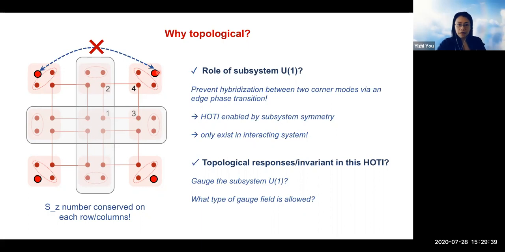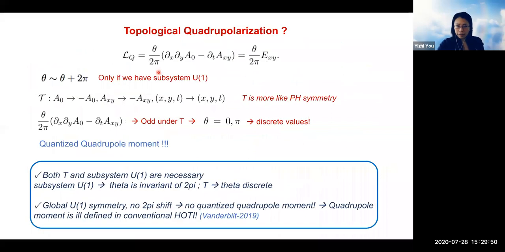You can prevent that from happening by imposing some additional spatial symmetry like inversion symmetry or C4 rotation symmetry. Then that's still a higher order topological insulator, but there's no way for you to define a quantized quadrupole moment in 2 spatial dimensions if you barely have global U1 symmetry.